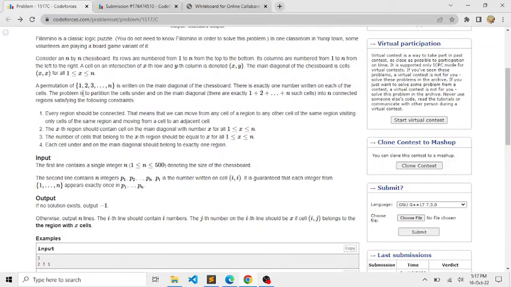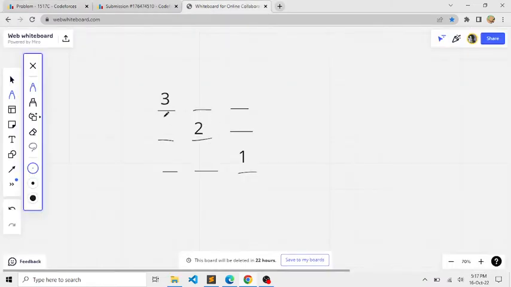As they have already mentioned here, the problem is to partition cells under and on the main diagonal. So this is the main diagonal and this is the part under the main diagonal. So we did not consider this part of the matrix. So we are simply erasing it and not considering that part. We are only concerned with this part of the matrix.